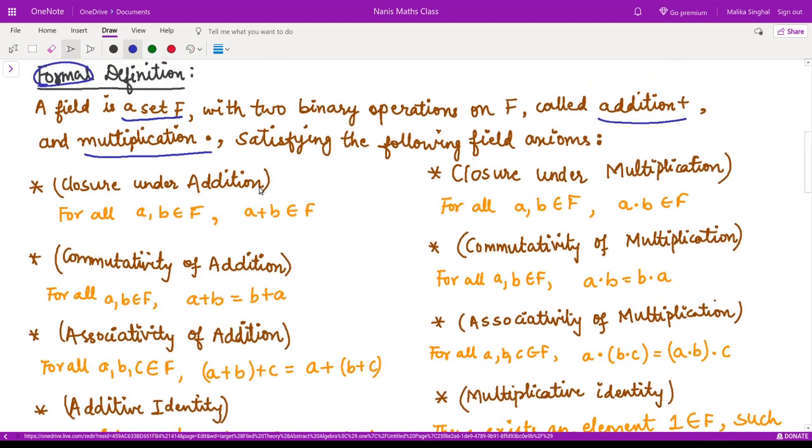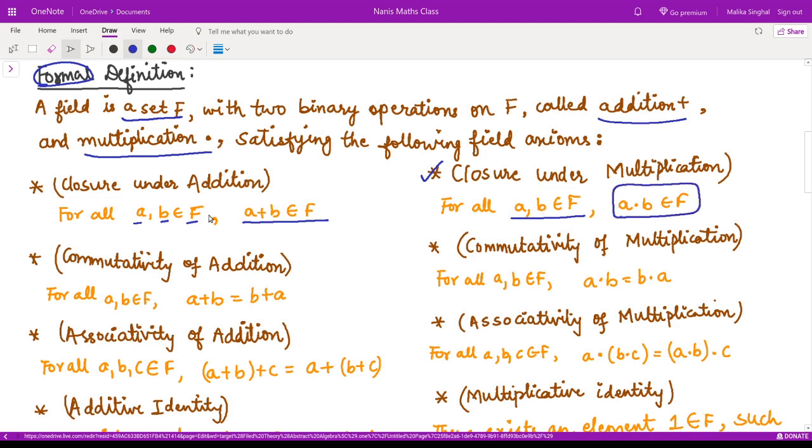The closure under addition means that if you take any two elements from the set F, then their addition should also be in F. And the closure under multiplication means that if you take any two elements from the set F, then their multiplication should be in the set.